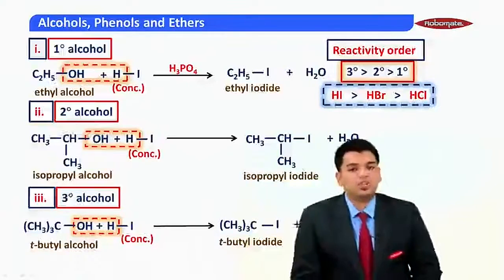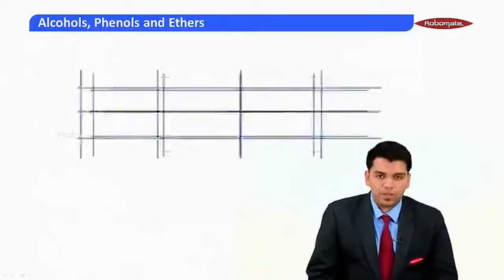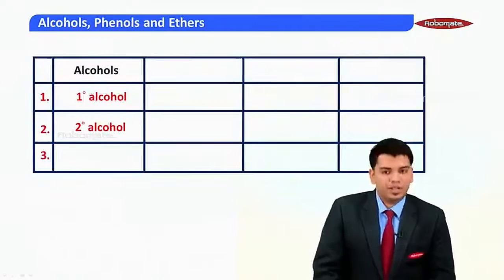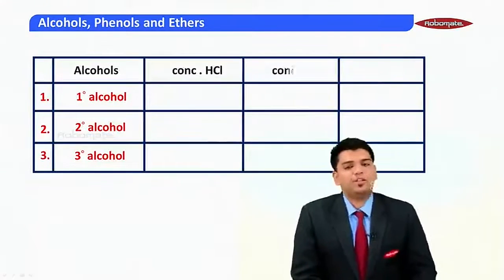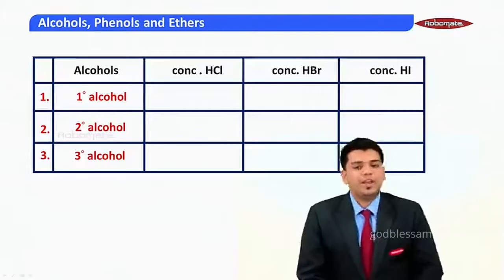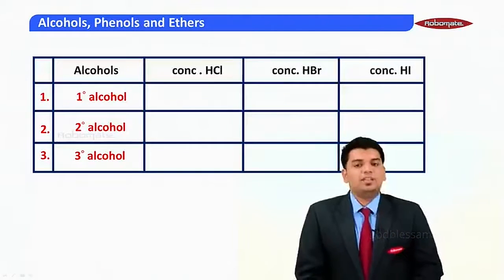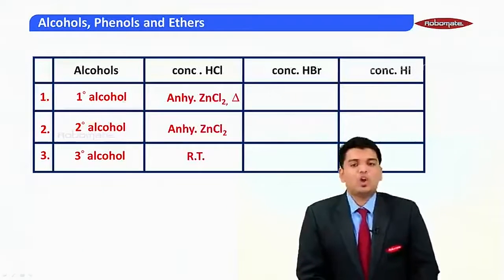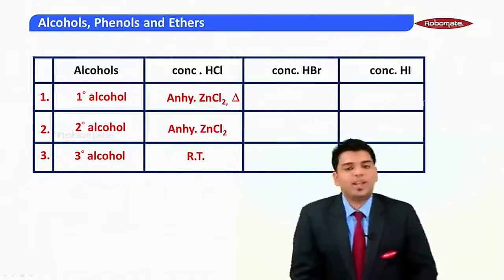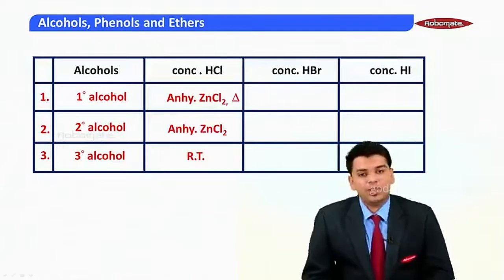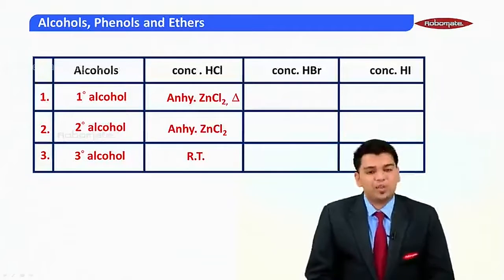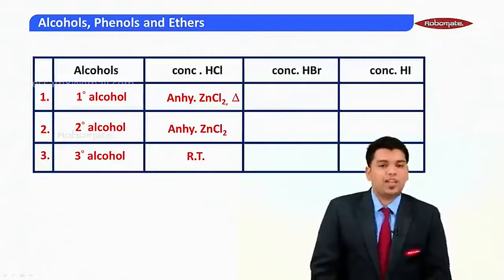Let us summarize all these reactions in one go. We have this table in front of us which has alcohols 1 degree, 2 degree, 3 degree, and all 3 hydrogen halides HCl, HBr and HI. 1 degree is the least reactive and 3 degree is the most reactive. With conc HCl, 1 degree requires anhydrous ZnCl2 and heat, 2 degree requires only anhydrous ZnCl2, whereas 3 degree reacts at room temperature without any catalyst.